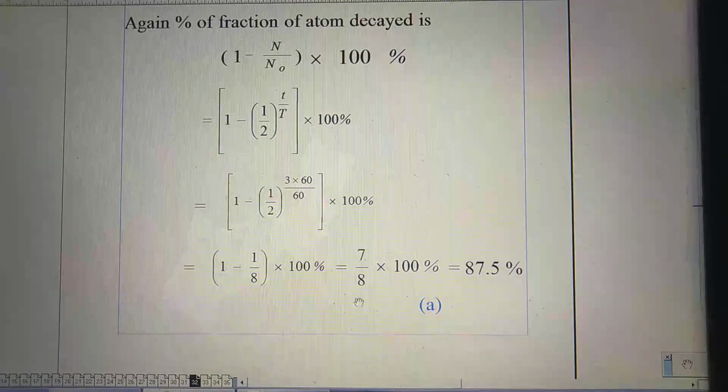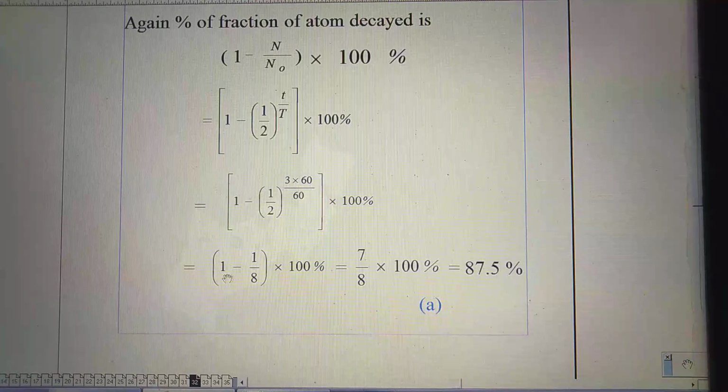Here is the calculation: 1 minus 1 by 8, that is 7 by 8. After calculation we got 87.5%. So the right option is A.